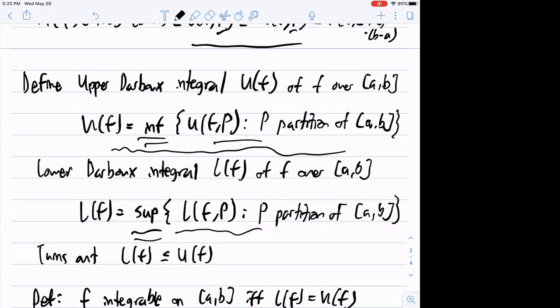So I could find a partition within epsilon over 2 of U of f, and then I could find another partition within epsilon over 2 of L of f, combine them, and then the difference will be less than epsilon, right? So let me just tell you how the argument works.